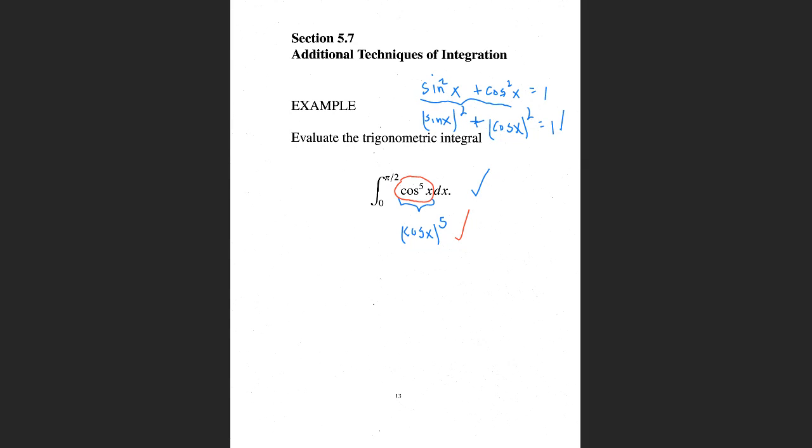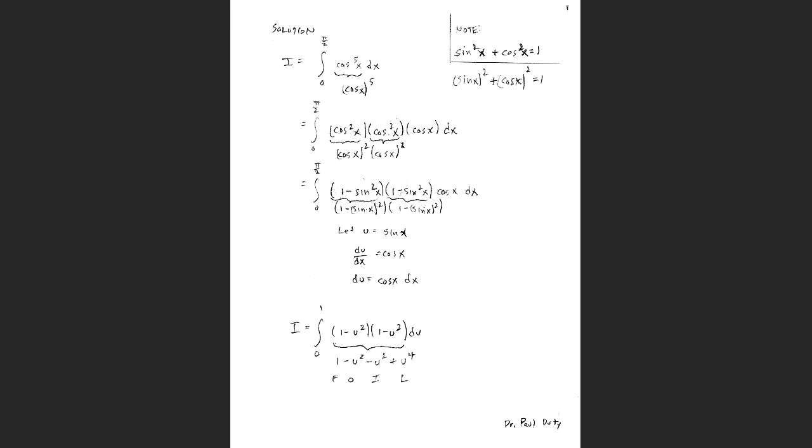Now, the reason I talk about that is I've never seen the cosine of x to the 5th power in my trig identity. So I wonder if I can break that down so that I could use one of the identities above to help me. And that's what we're going to do. Look at what we do here.